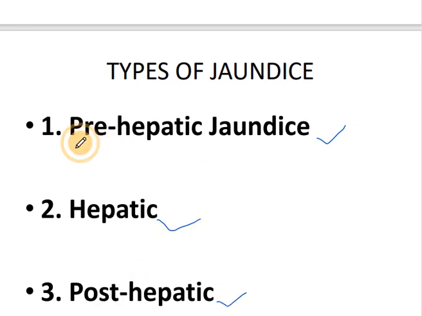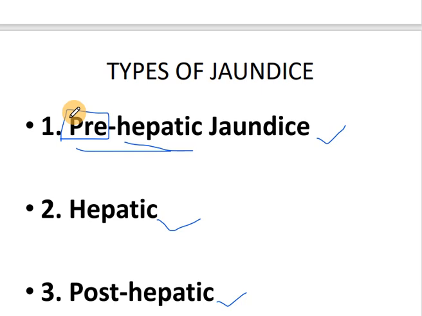When we say a prehepatic jaundice, as the name implies, if there is a defect that prevents the bilirubin from reaching the liver, that defect will cause a prehepatic jaundice. So the pre means before. Any defect that can stop the bilirubin from reaching the liver causes a prehepatic jaundice.